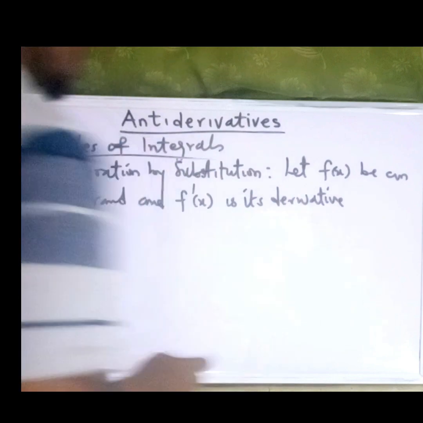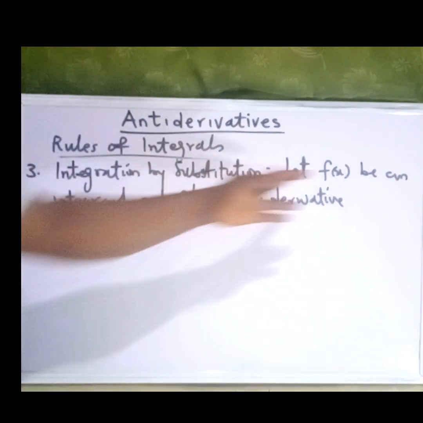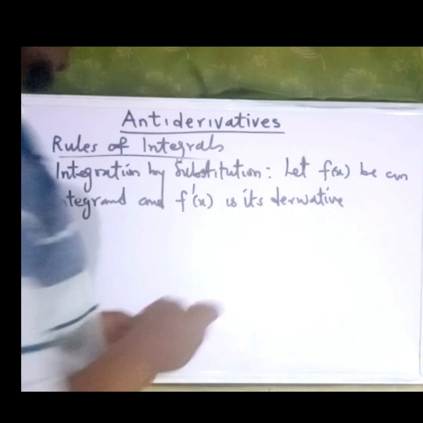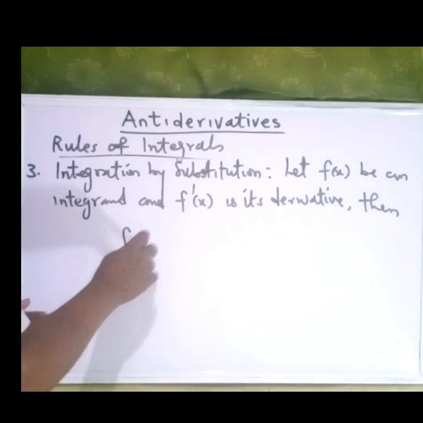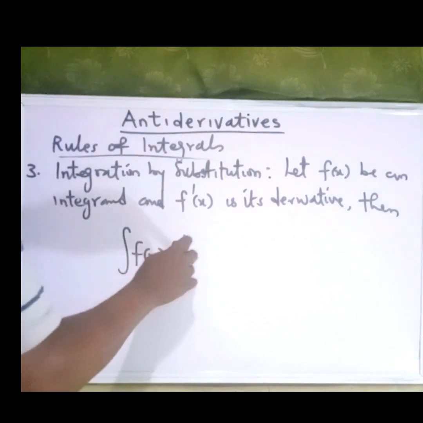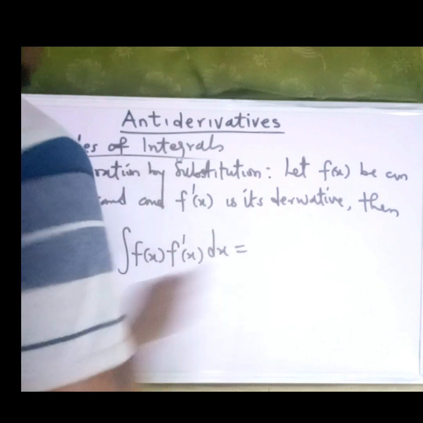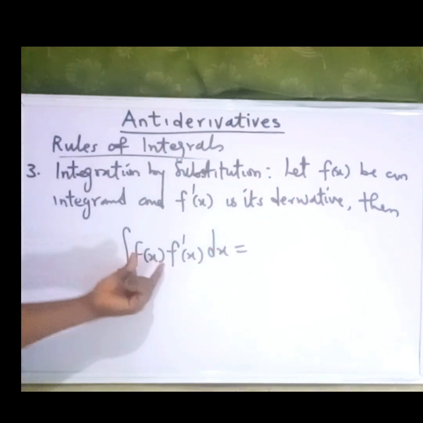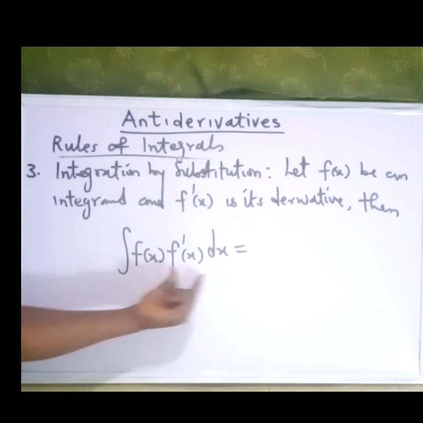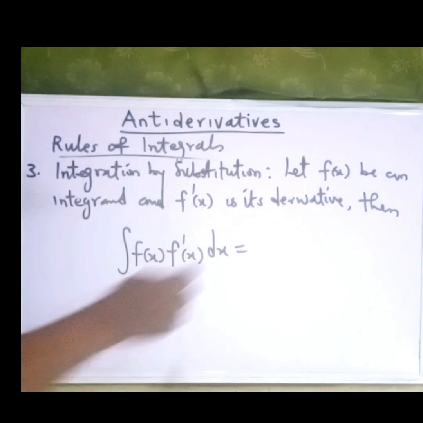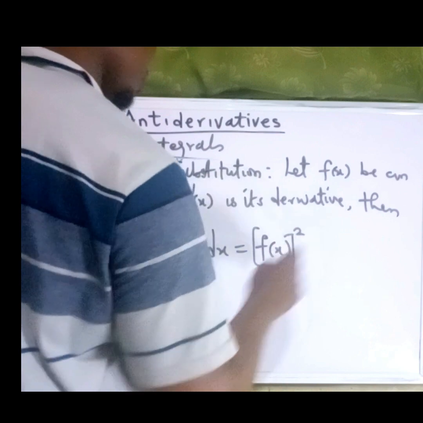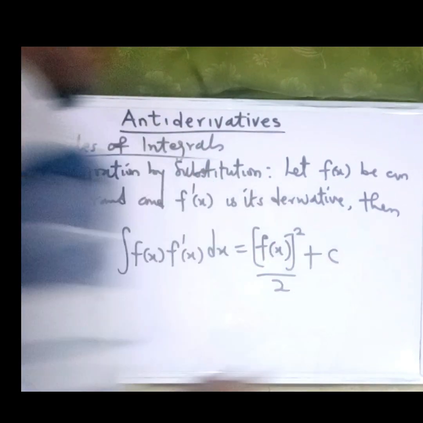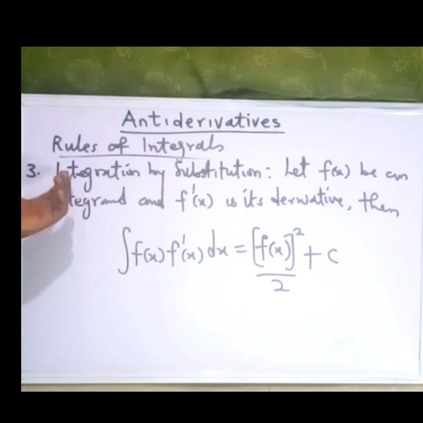That is, the derivative of the integrand exists. Then if you have this form of integration, that is, we have a case where the function is multiplying its derivative, by substitution, this is this. I'll refer to this as integration by substitution 1 because there are two types.